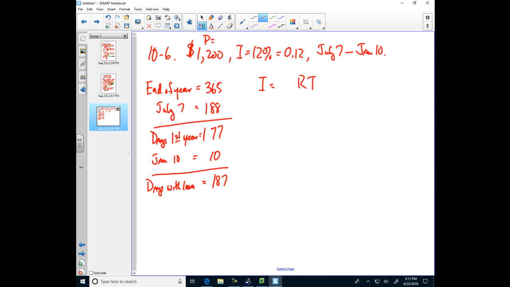Interest equals PRT. So we're trying to calculate the interest here. Well, I'm just making all kinds of mistakes. So $1,200 times 0.12 times. Now, we have the loan for 187 days, and if we're doing ordinary interest, the assumption is there's 360 days.